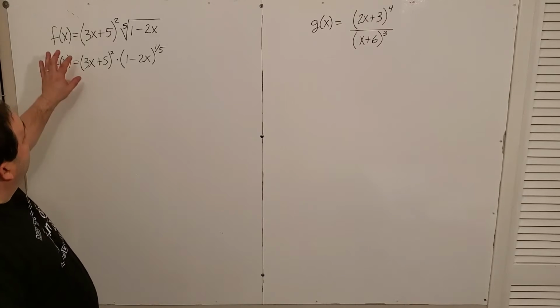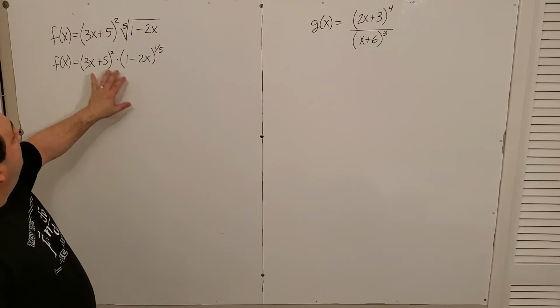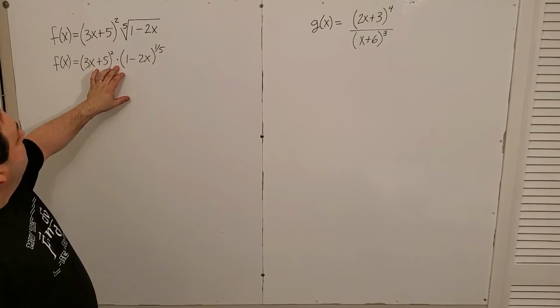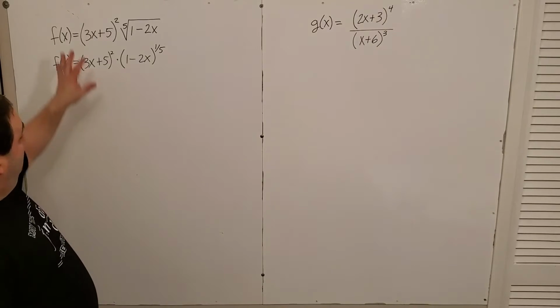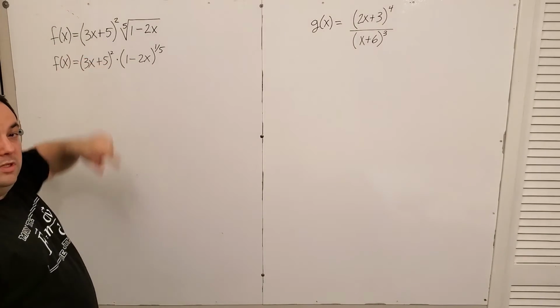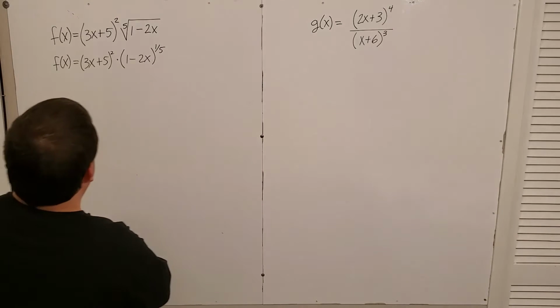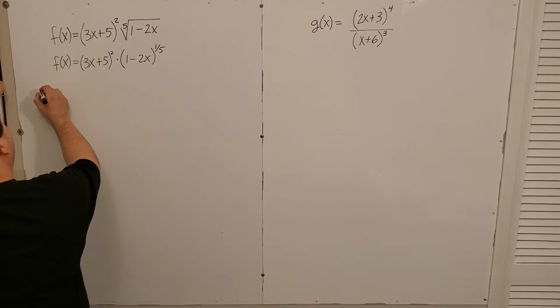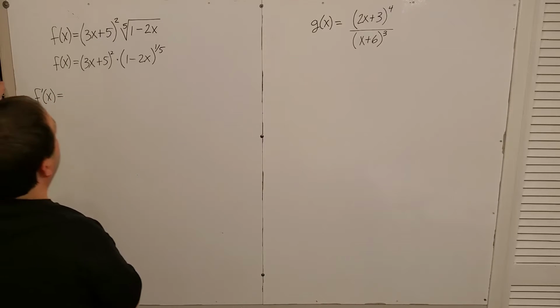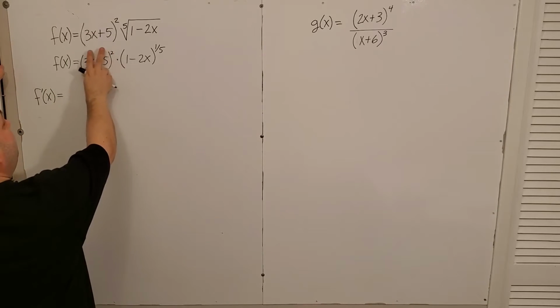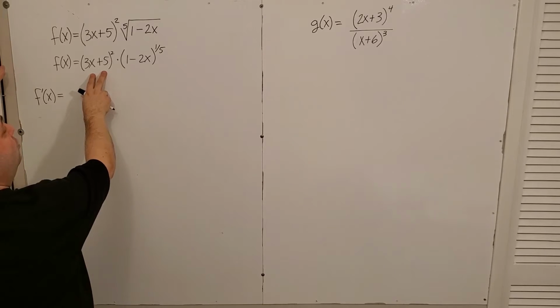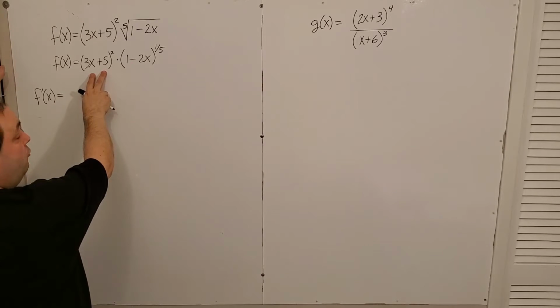All right. Now it looks like a normal product rule. I've got my two things that are multiplied, and each one of them gets a turn while the other one's left alone. Okay? So f prime, derivative. I'm going to do this derivative first. Notice this is a chain rule because I've got a nested group here.